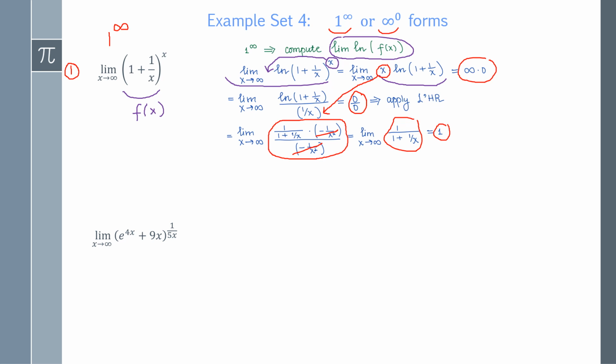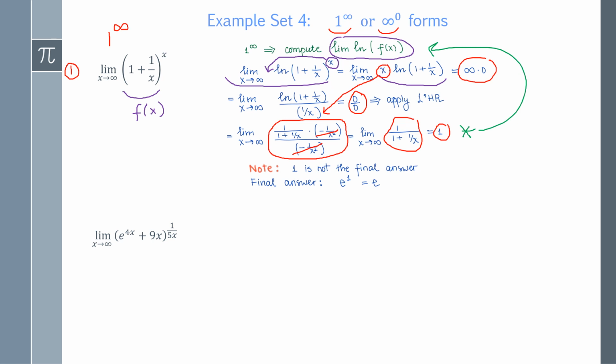This is not our final answer. And this is very, very important because it's a common mistake to just stop right here and say that's the answer. Now, let me remind you that we took the natural log of our function. That means we need to undo that operation. So 1 is not the final answer.